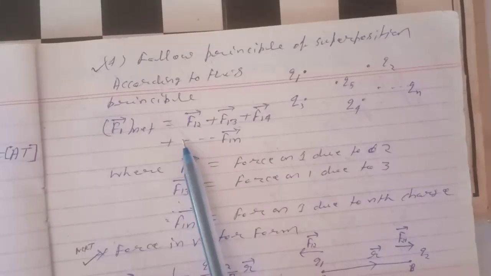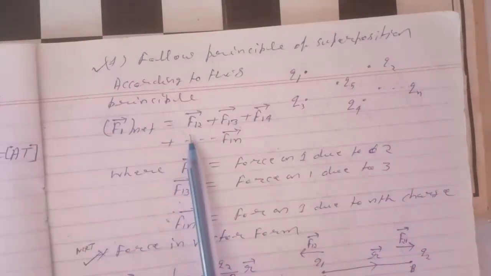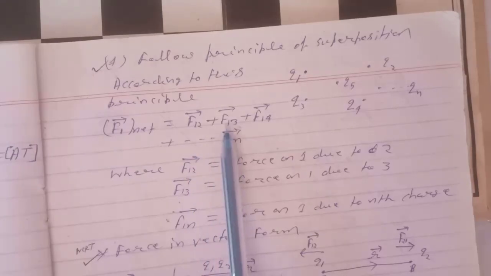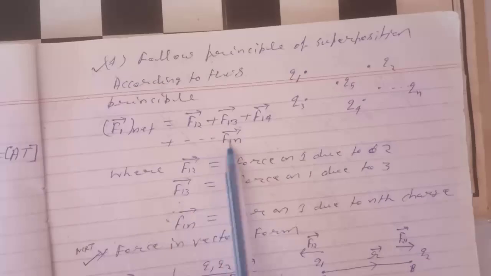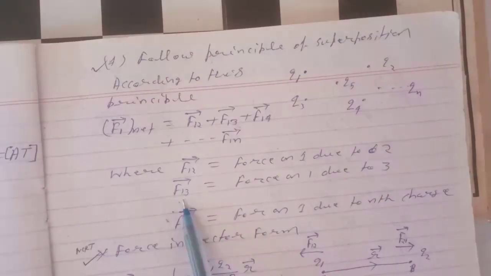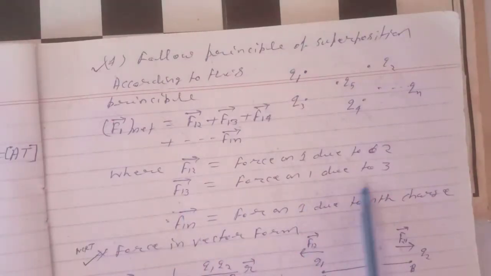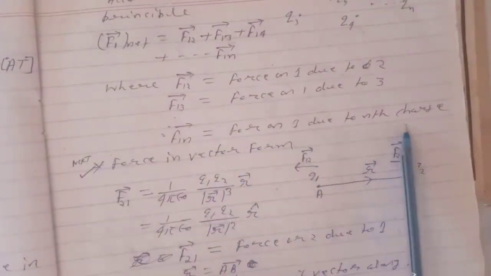So this principle is called the superposition principle, that is, F net equals F12 vector plus F13 vector plus F14 vector and so on up to F1n vector, where F12 is the force on 1 due to charge 2. Similarly, F13 is the force on 1 due to charge 3, and F1n is the force on 1 due to the nth charge.